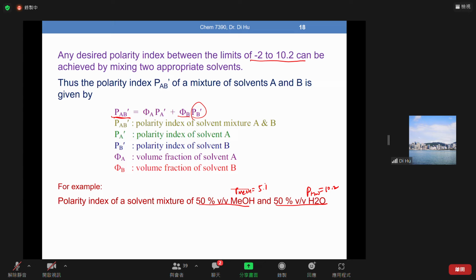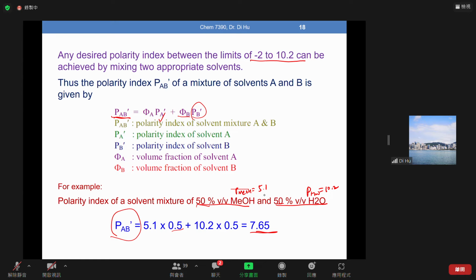Now we know polarity index A, polarity index B, and the percentages, 50% and 50%. So the overall polarity of the mobile phase is 5.1 times 0.5 plus 10.2 times 0.5, which is 7.65. This is the overall polarity index of the mixed solvent.